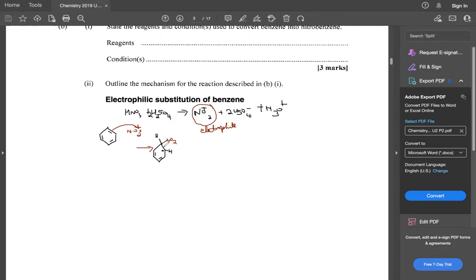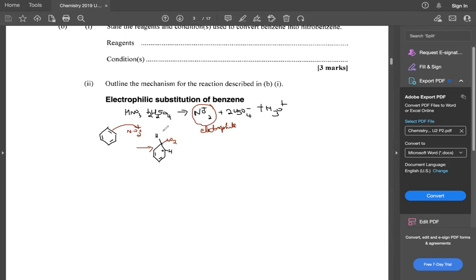So there are 3 bonds coming from this carbon, but we know that carbon needs to have 4 bonds because it's tetravalent, right? And the reason why it only ended up having 3 bonds is because the double bond was converted to a single bond by virtue of it giving up 2 of its electrons to the NO2 plus, right? So now I have a positive charge here.